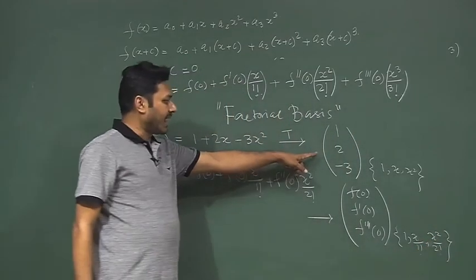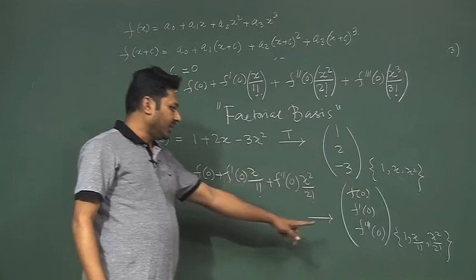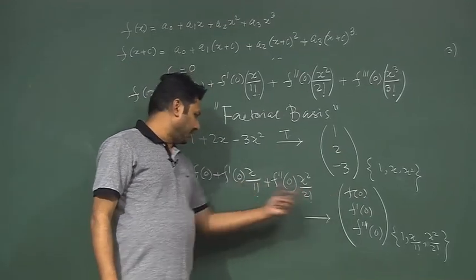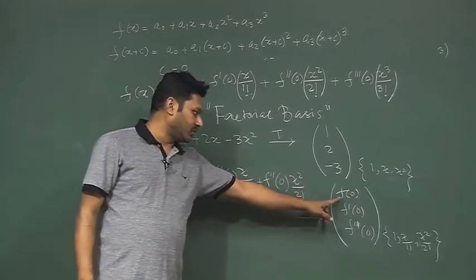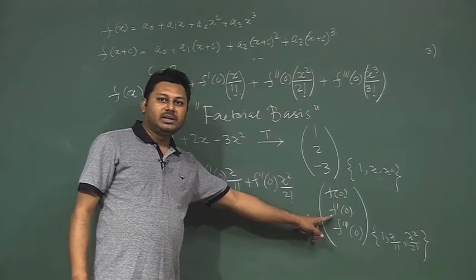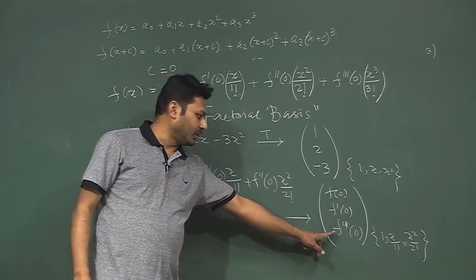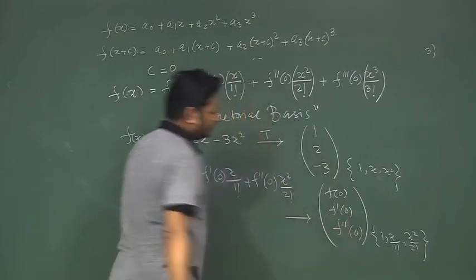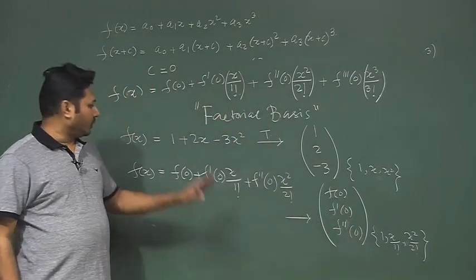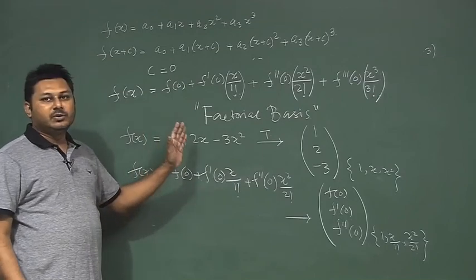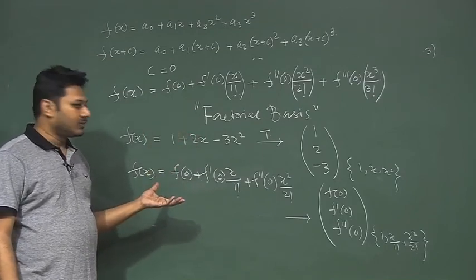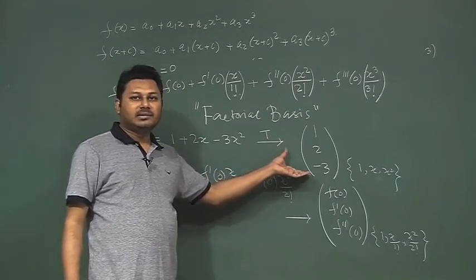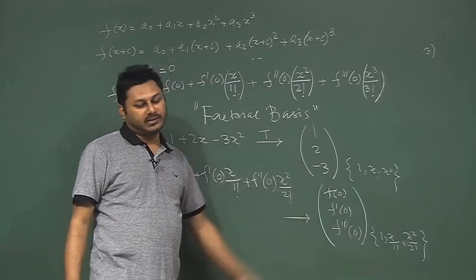So, I can write it in the monomial basis as well as in my factorial basis. Since the function is given to you, we can readily understand what will be your f(0), f prime 0 and f double prime 0. Then, whatever the problem is given to you, you can write this function with the transformation in this basis or this basis according to your choice.